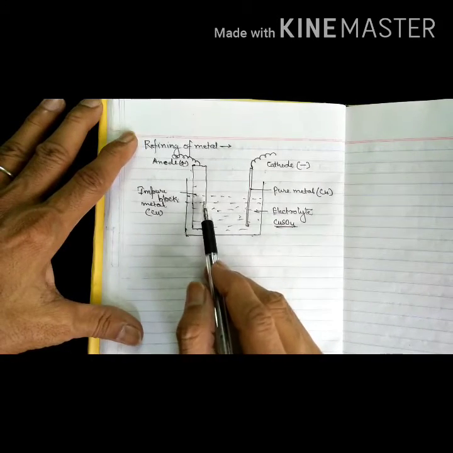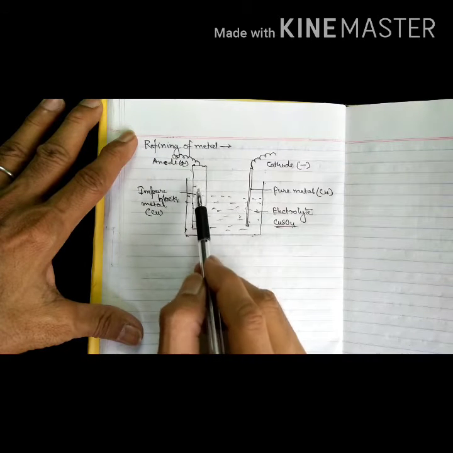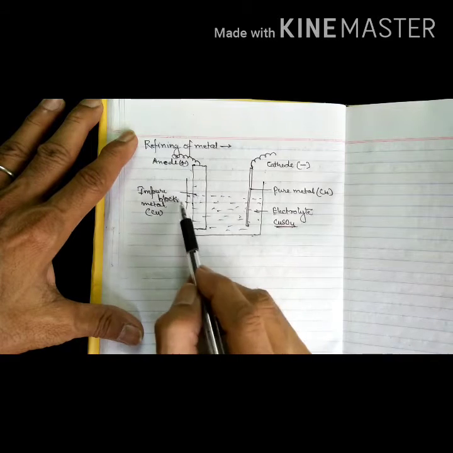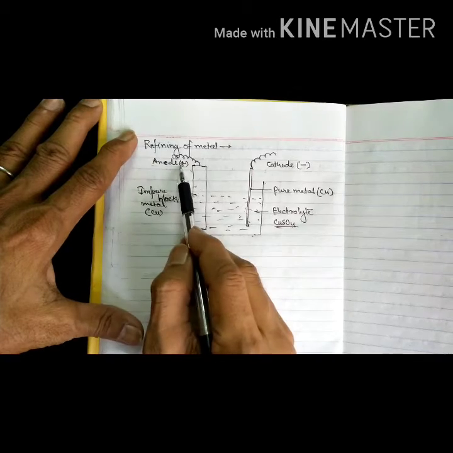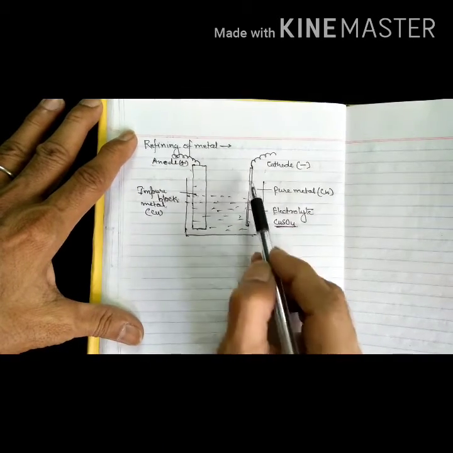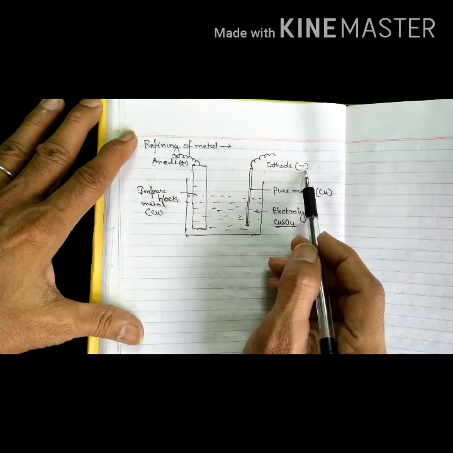Again we have to remind that the block from which we have to extract the pure copper, the impure block, should always be at the anode terminal, and the pure thin block should be at the cathode terminal.